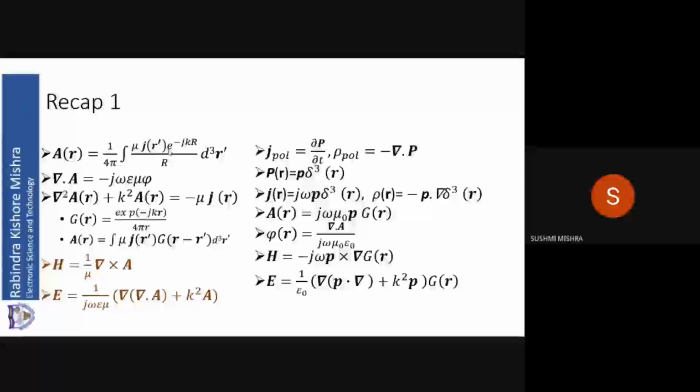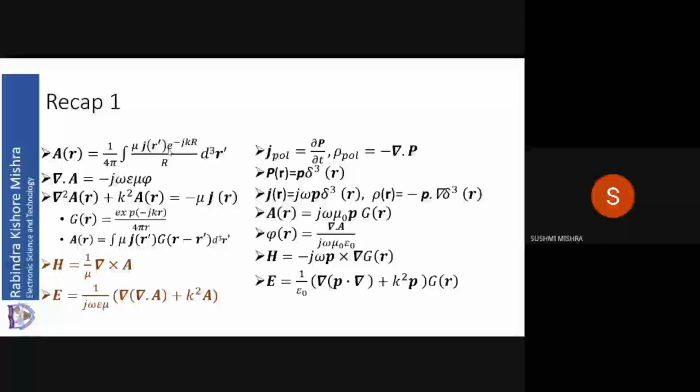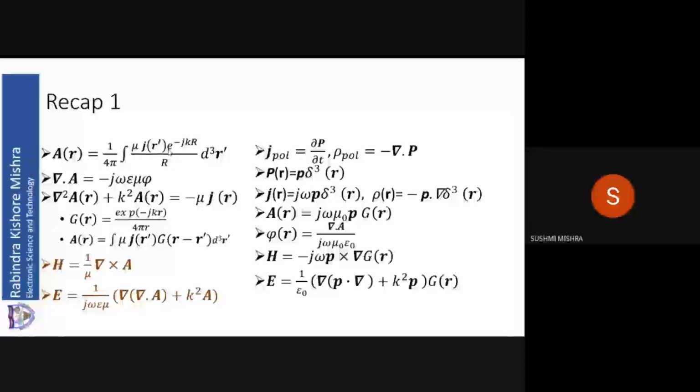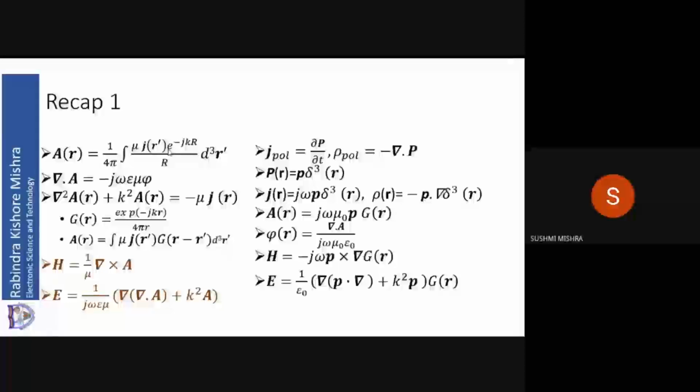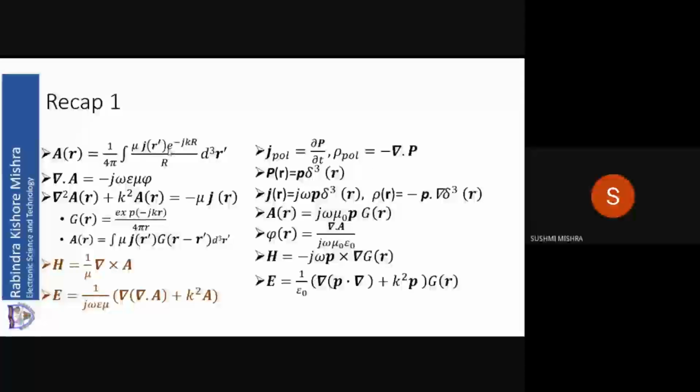Then we looked at the polarization inside a material medium. We defined the polarization if it is of a time harmonic nature. Then we defined the polarization to be P is equal to small p into impulse at r, because we took dou by dou t as j omega.